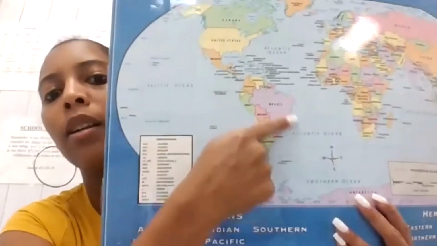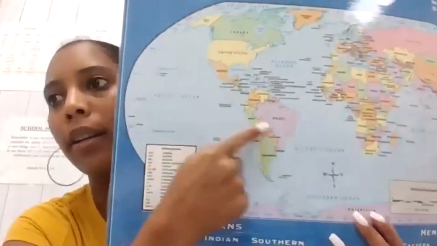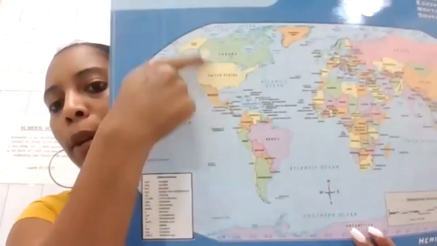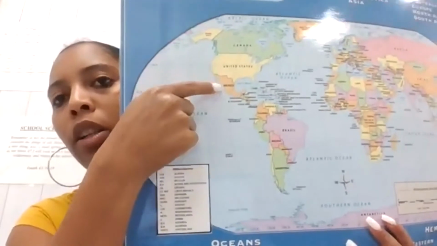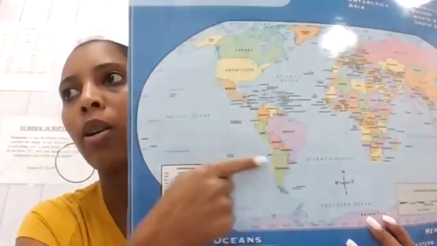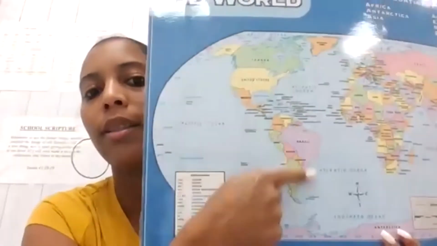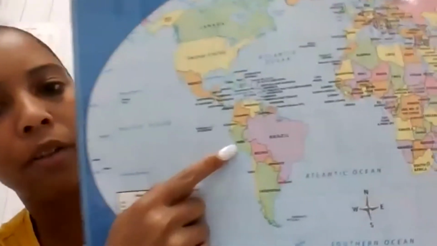So this week we are moving on to our continent down here, which is called South America. So we have North America up here where we are, and now we're going to travel to South America, which is down here. South America, and we are going to go to the country of Peru. This is Peru right here.